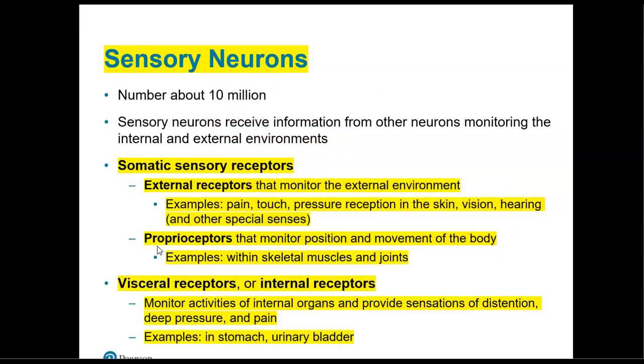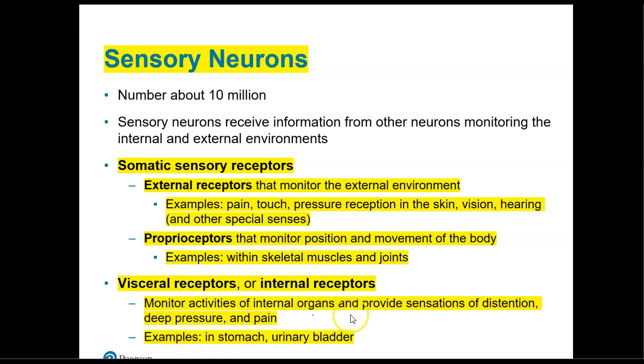We also have proprioceptors that monitor the position and movement of the body. Some of those are located within our skeletal muscles and our joints. And we have visceral receptors that monitor the activities of internal organs. They provide sensations of distension, like when your stomach or your bladder is full, deep pressure, and pain.